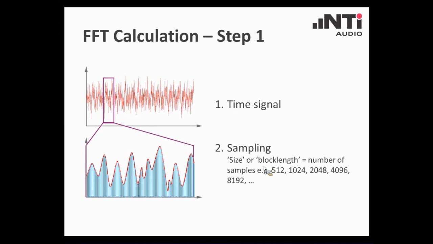And this term block length stands for the number of samples in this capture window. And this is important that this number has to be an integer to the power of 2. So I have plotted here a couple of typical block lengths. You can go below, you can go above. This is just an example.